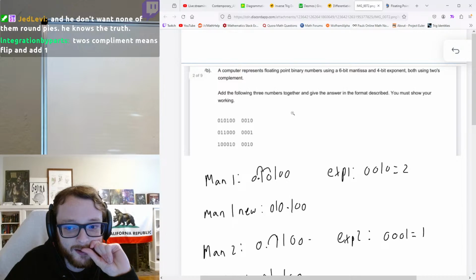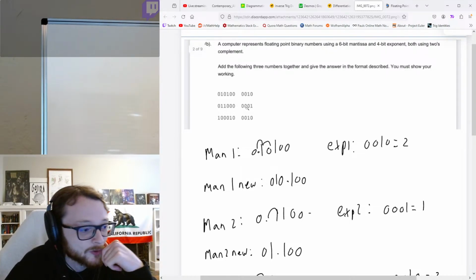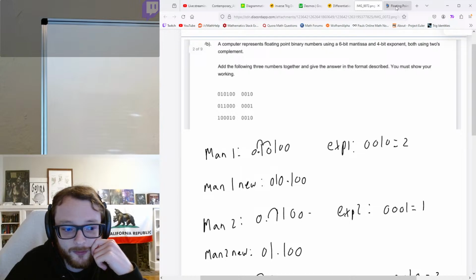Like, do you... When they say both using 2's complement here, does that mean you have to do anything special with the numbers here? Although I guess if you're asking the question, you might not know the answer for certain.